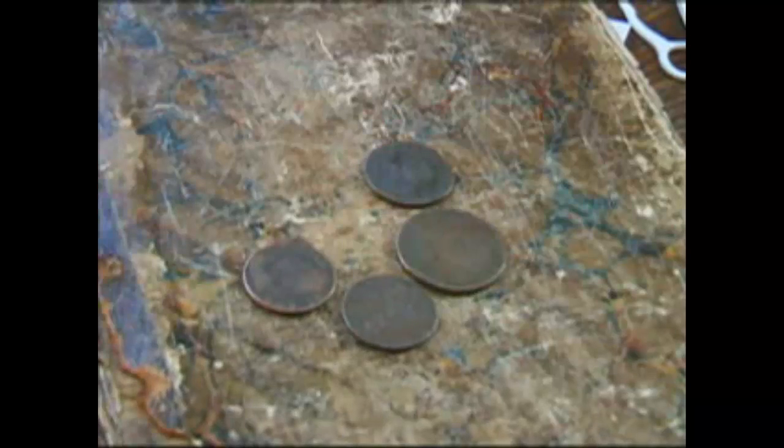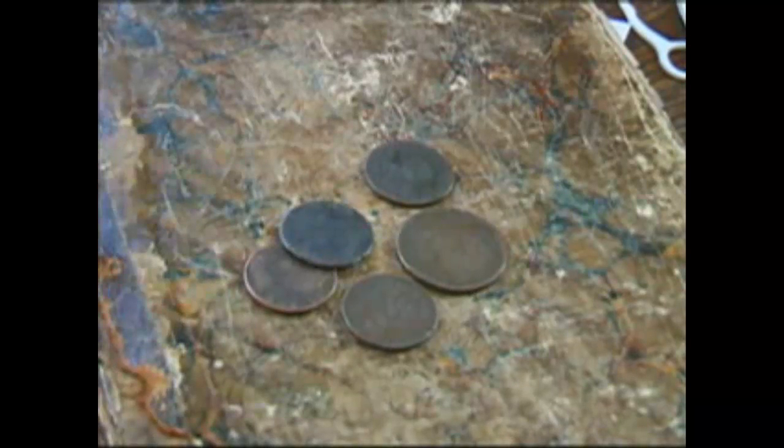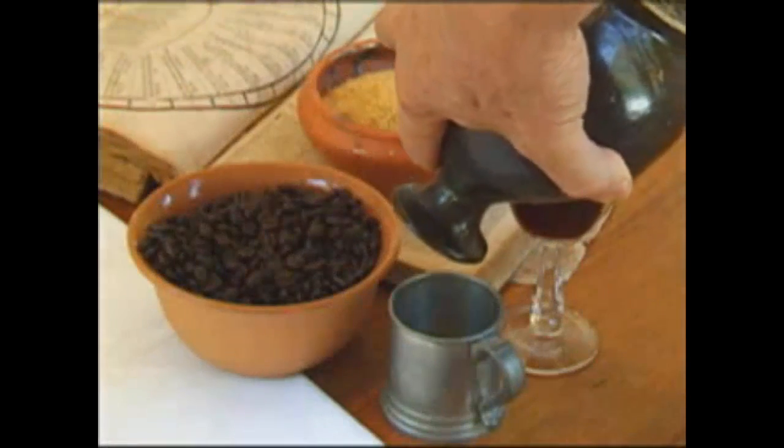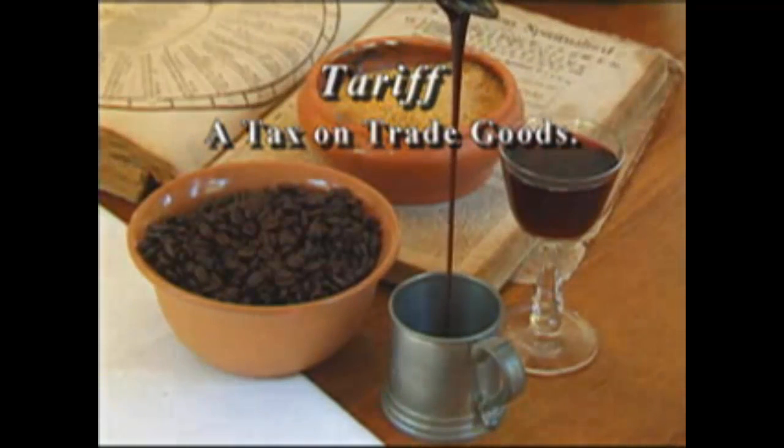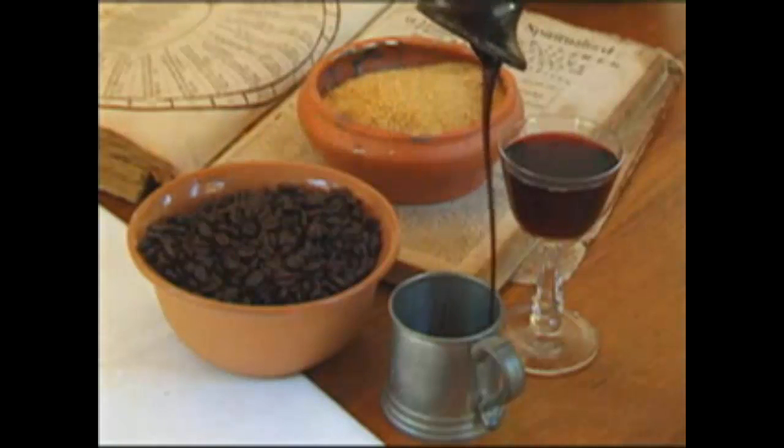So it was decided that the colonies had to help pay for their own defense. To raise this money, Parliament made a new law called the Sugar Act. It required payment of a tariff on imported items such as molasses, sugar, wine, and coffee.